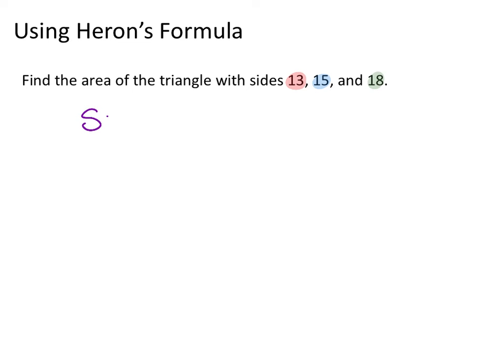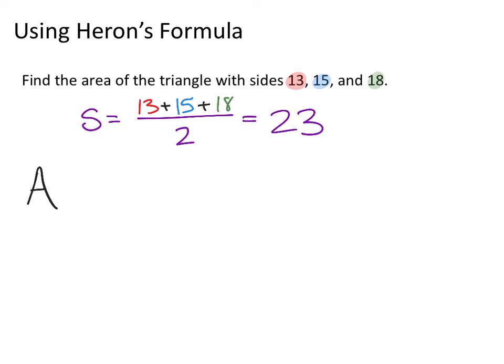We first need the semi-perimeter. So the semi-perimeter here is going to be 13 plus 15 plus 18 divided by 2. Therefore, our semi-perimeter is 23. Great, now I have everything I need to fill in Heron's Formula.